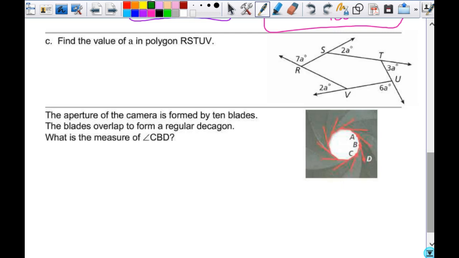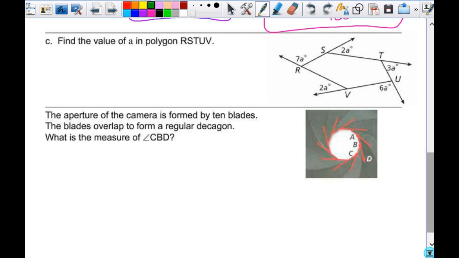Is it 360? 540? What is it? It's 360. I don't have to find it. So don't go do anything weird trying to find the sum, because the sum is 360. If it's exterior, the sum is 360, whether it's a regular polygon or not, and no matter how many sides there are.